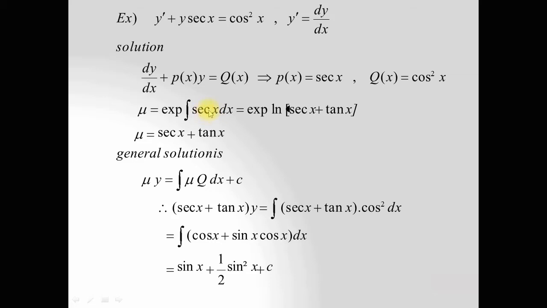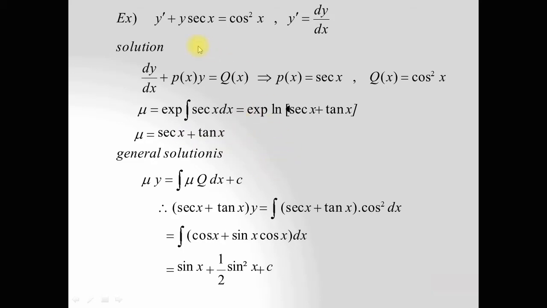So taking the integration of the p function, which is secant x, and the integration of secant is equal to natural log of secant plus tangent. Now e power log of secant x plus tangent x, we obtain the integrating factor as secant x plus tangent x.